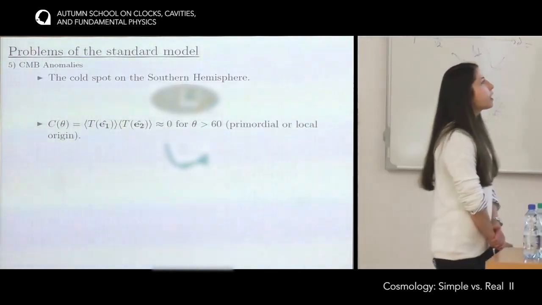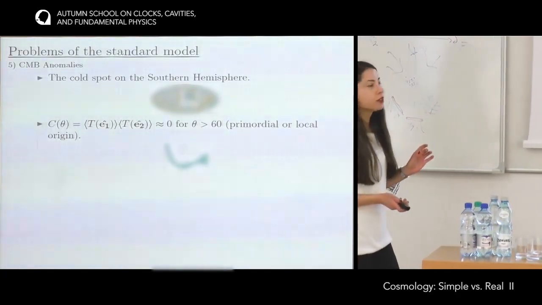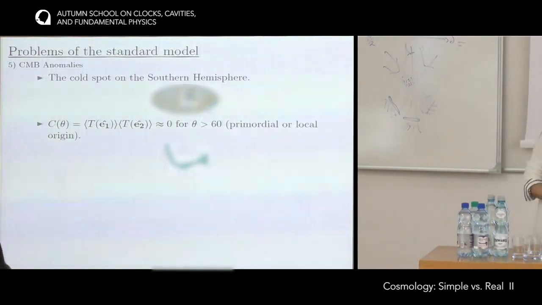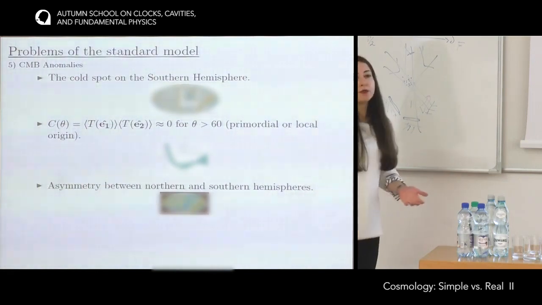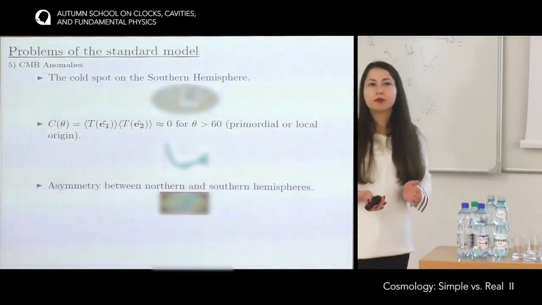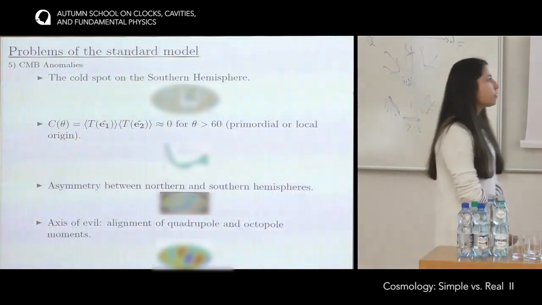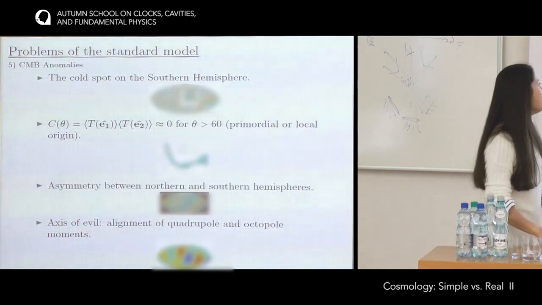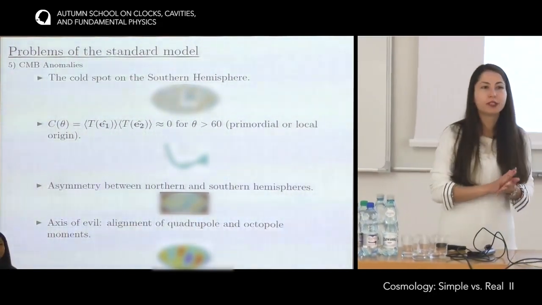And at scales larger than 60 degrees, you see a drop in the correlation of the temperature. That can have a primordial origin or a local origin. People don't know. And there's an asymmetry between the northern and southern sky, and we still couldn't put a finger on what it really is about. And there's this axis of evil, which is pretty spooky because it's the alignment of the quadrupole and the octopole moments.